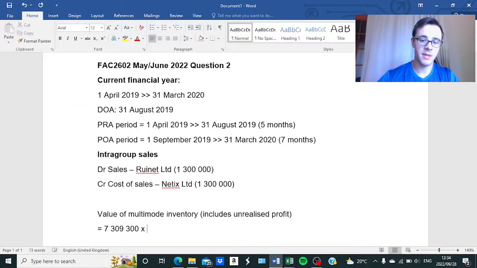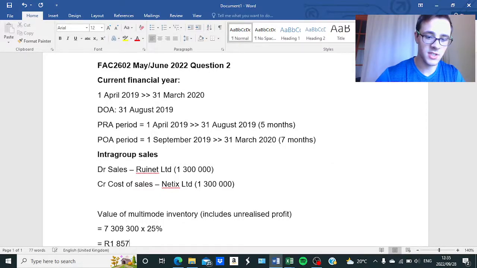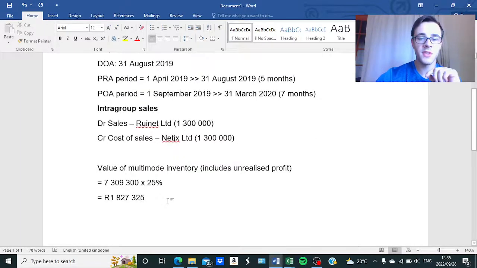And then we multiply that by 25%. And this will give us the value of the multi-mode inventory, which is 1,827,325. Okay, 1,827,325.